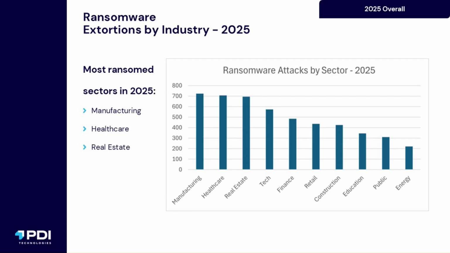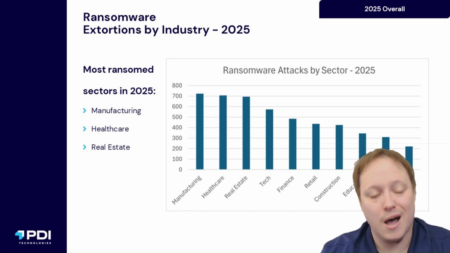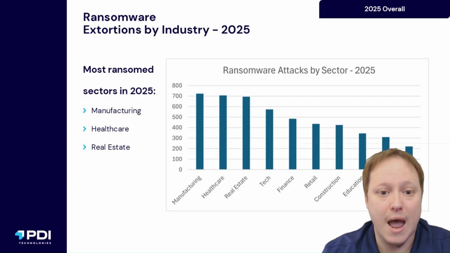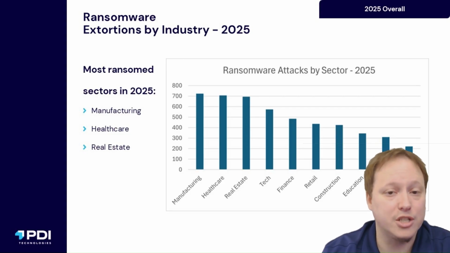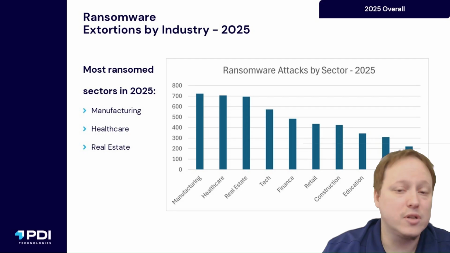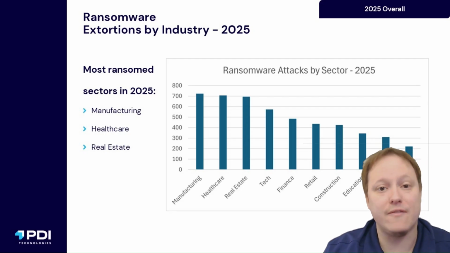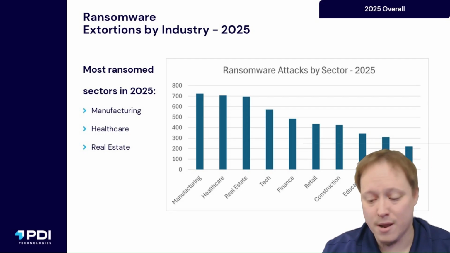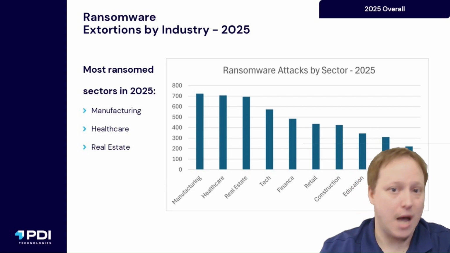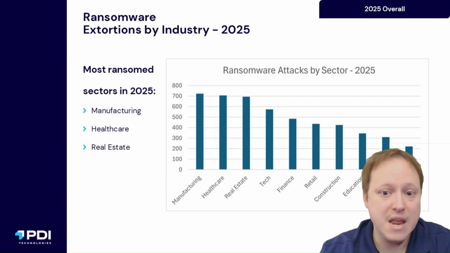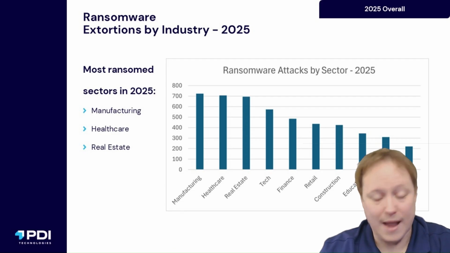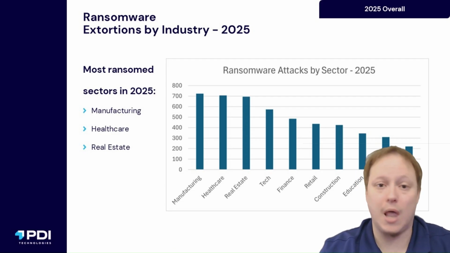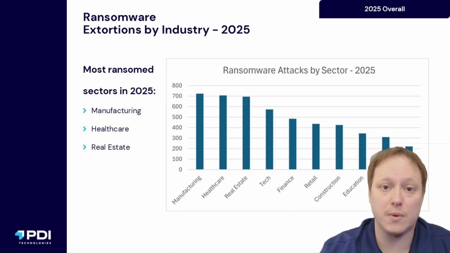When we look at ransomware extortions by industry in 2025, manufacturing still remains one of the most successful targets for ransomware operators. A lot of this likely has to do with the fact that they have these legacy technologies, these high levels of operational pressure, and they may have less of a focus on cybersecurity. Any type of downtime for manufacturing is an immediate financial pain, and so that can prevent things such as applying patches for vulnerabilities when they're announced.